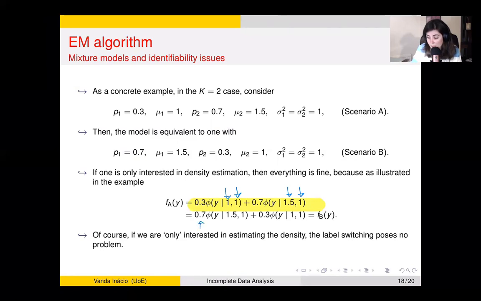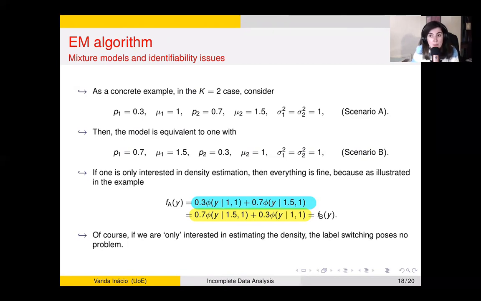This is now my P1, this is now my mu1, and this is now my mu2. And as you can appreciate, the one in blue is exactly equal to the one in yellow. Okay, so if we are just interested in estimating the density, then it's fine.